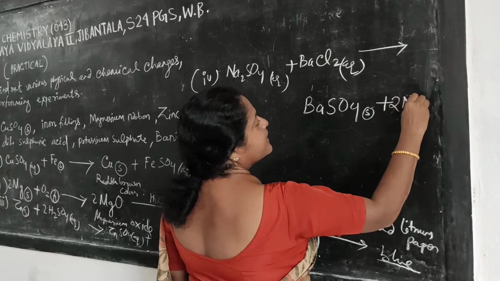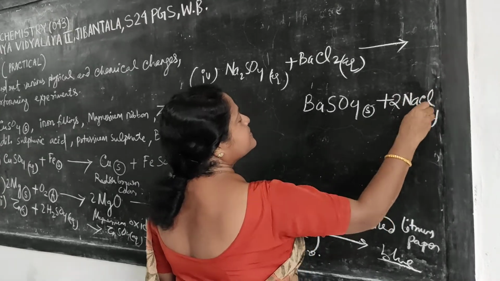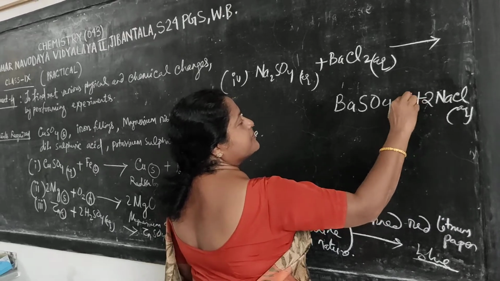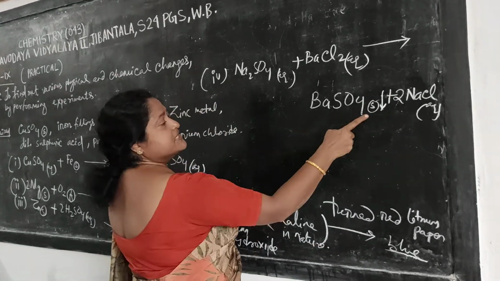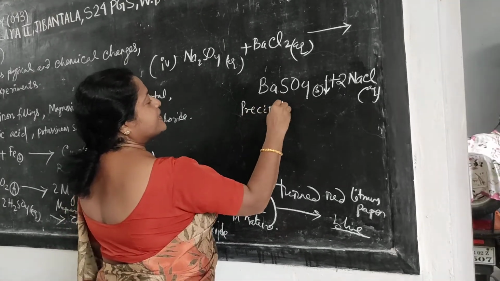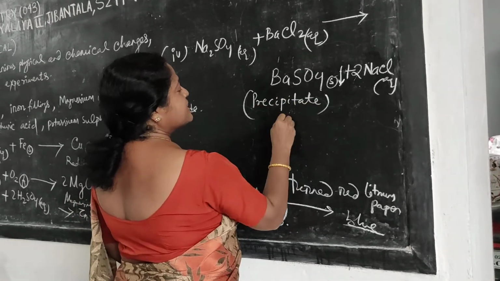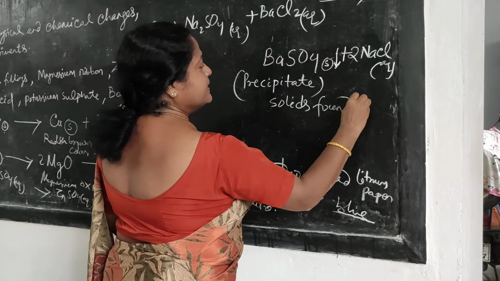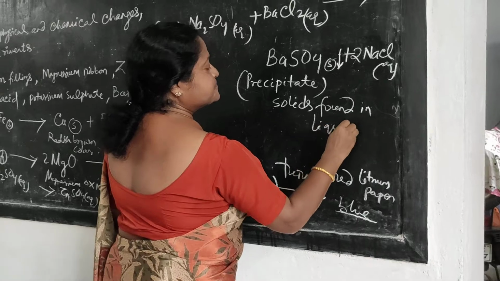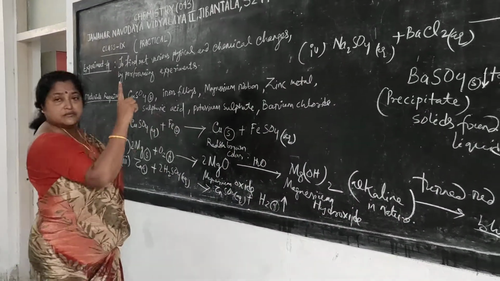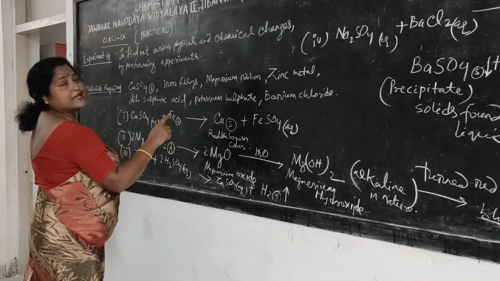So 2NaCl aqueous. This is your precipitation reaction. You will give this type of arrow which indicates that it is a precipitation reaction. Precipitate means solids found in liquids. So these four experiments, whatever is done in your experiment 4, are chemical changes.